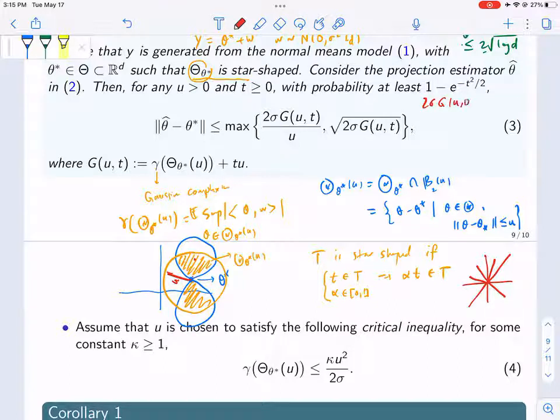So let's say 0. 0 is bad, but okay. So let me set this equal to root 2 sigma g(u) t.